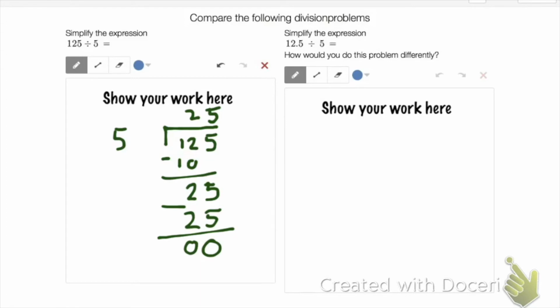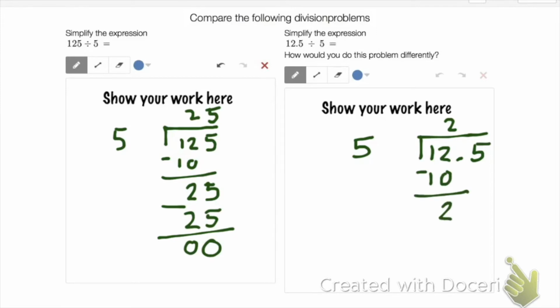How can we do it differently if we have 12 and 5/10 divided by 5? First of all, how many times does 5 go into 12? 2 times, right? 2 times 5 is 10. Okay, what is the next thing you see between 2 and 5?